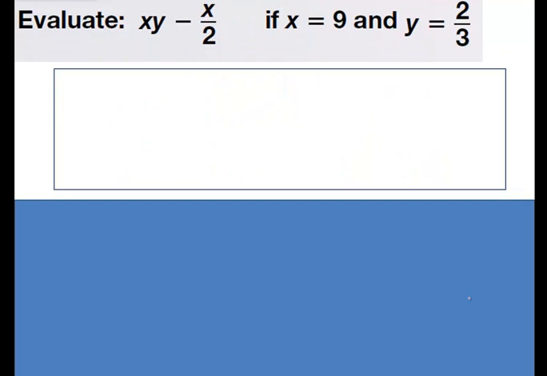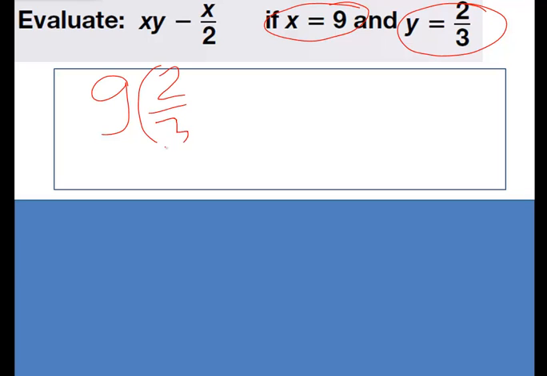Okay, let's look at this one here. Again, we're inserting information. So see if you can do this one. We've got x and y. The x is equal to 9, so we're going to go ahead and write a 9, and then it has a y. Well, the y is equal to 2/3, so we got 9 times 2/3.